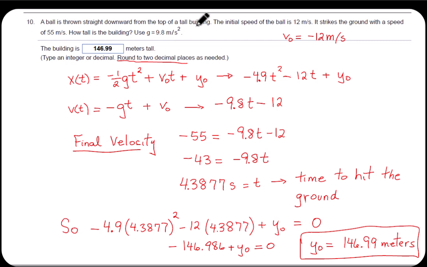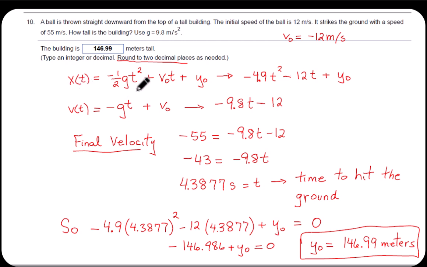It's thrown downward at 12 meters per second. But we're going down, not up, so the initial velocity is a minus 12. All right, so given all of this, and it strikes the ground at a particular speed, how tall is the building?